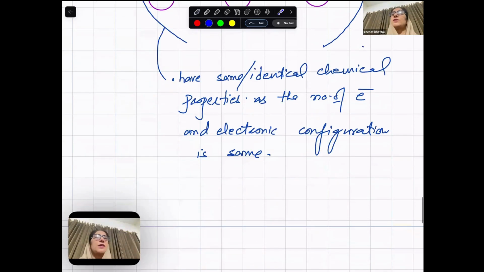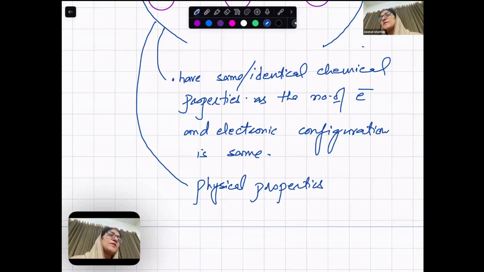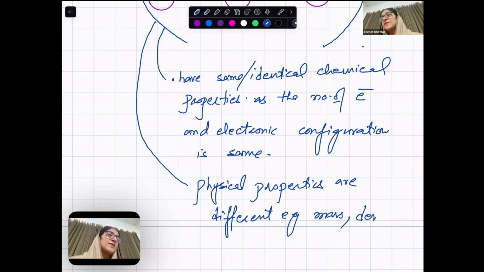But their physical properties are different. The densities are different, right? Their masses are different. Physical properties such as mass and density are different.